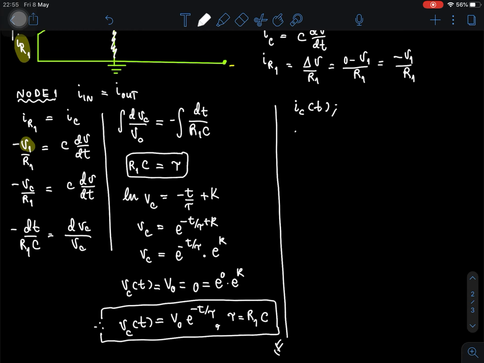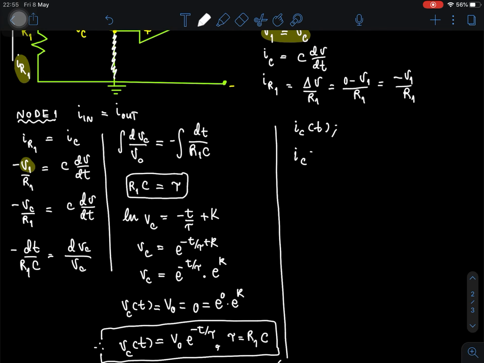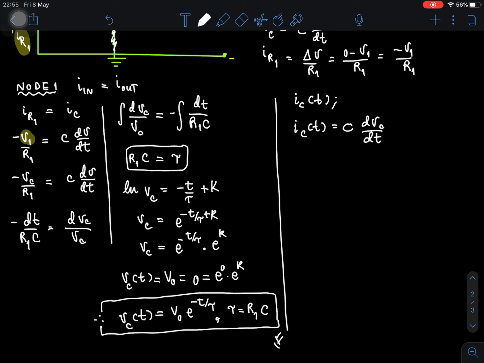What do we know? Up here we know that I sub c is basically just C dV by dt. We just found our Vc, so let's substitute that in. We have C d of V naught e to the power of negative t by tau by dt, and that is equal to C V naught times negative 1 over tau times e to the power of negative t over tau.